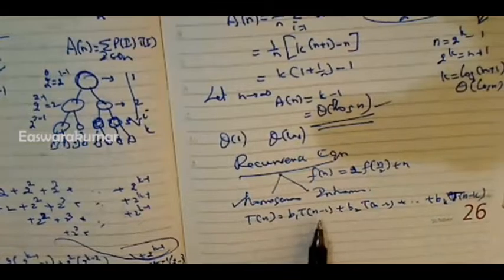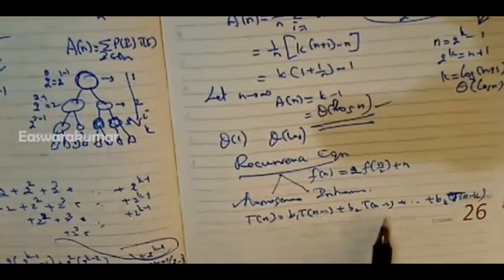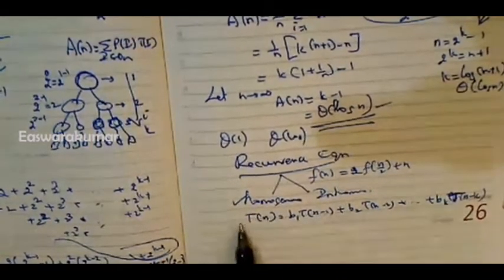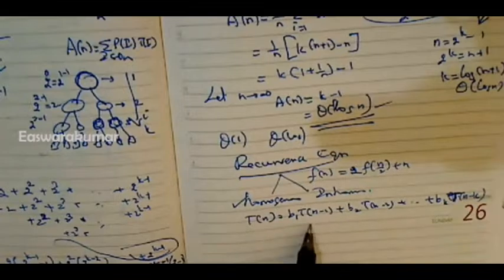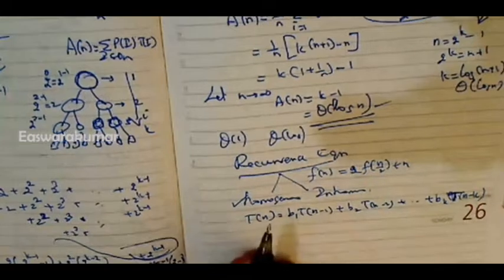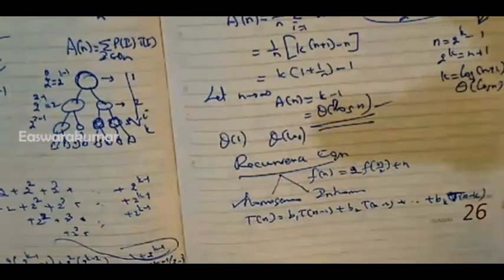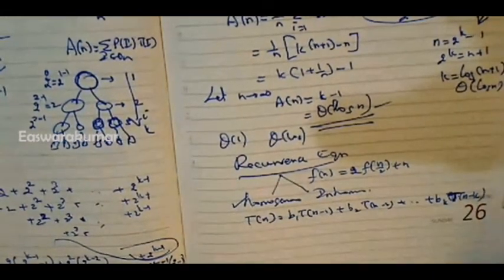This term will be brought here, and this also, and this also, like that. So the right hand side will be 0. In a homogeneous recurrence equation, if you bring all the terms containing the function to one side, the other side will have only the value 0.